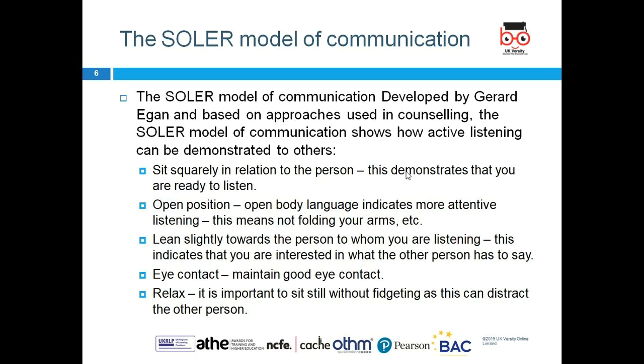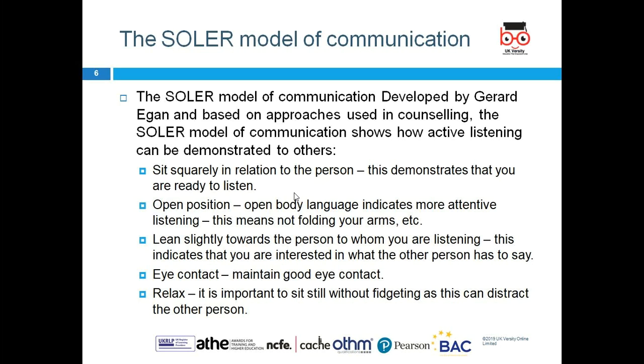So it just shows how you can actively listen and demonstrate to others that you're doing that. So the S is sit squarely. You're sitting squarely in relation to the person, and this demonstrates that you're ready to listen. You have an open body language, which means that you're more attentive. So you're not hunched over, you're not crossing your legs or your arms. You're quite open. You're showing them that, yes, I'm happy to listen to you.